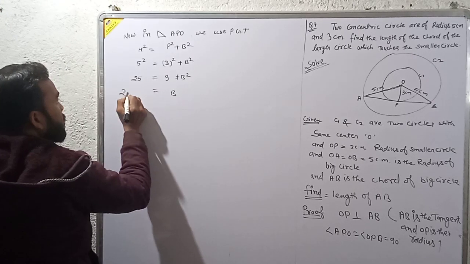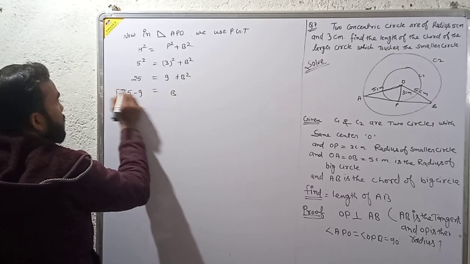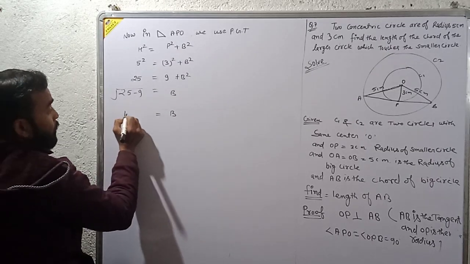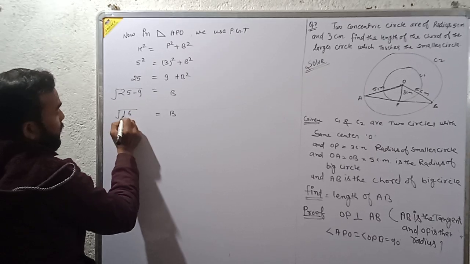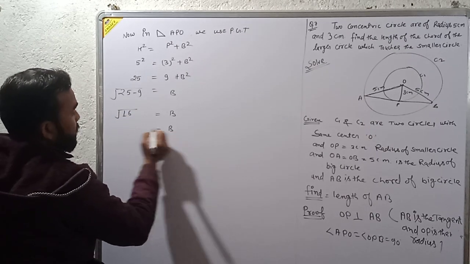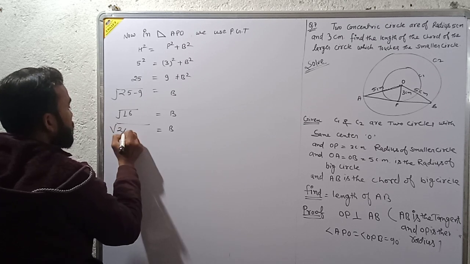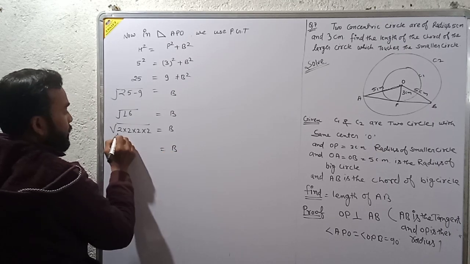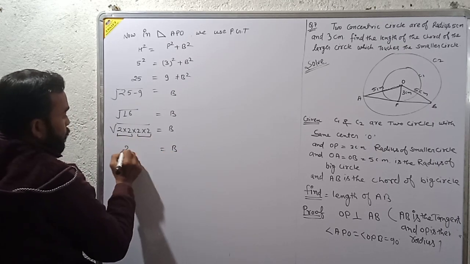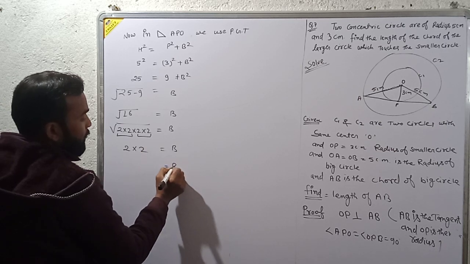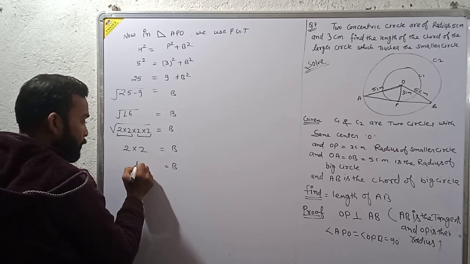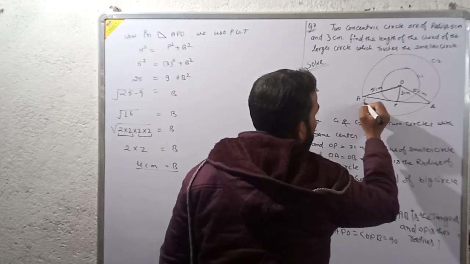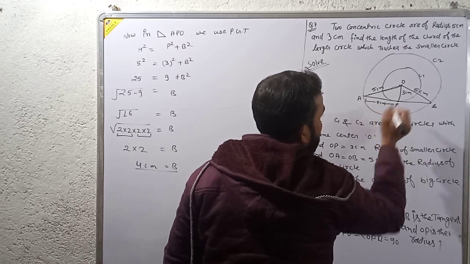B is equal to root of 25 minus 9, root of 16. We have to find factors of 16, so it will be root of 2 into 2 into 2 into 2. B is equal to first pair and second pair, so 2 multiply 2. B is equal to 4 centimeter. That means this will be equal to 4 centimeter.